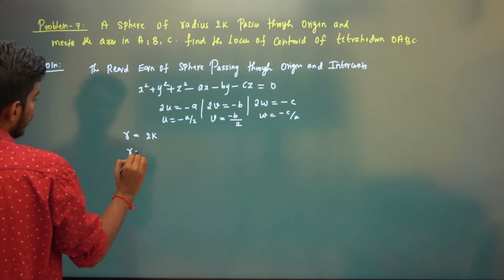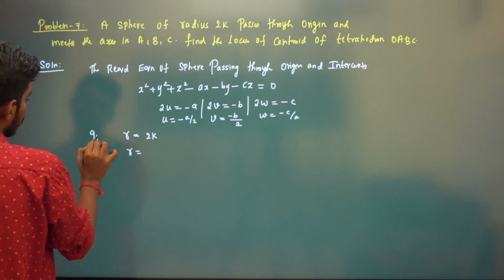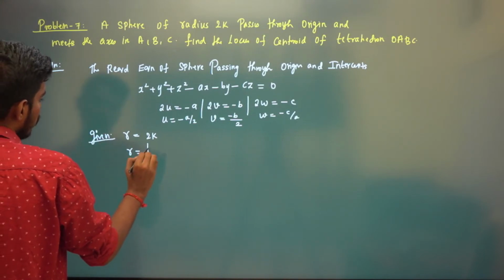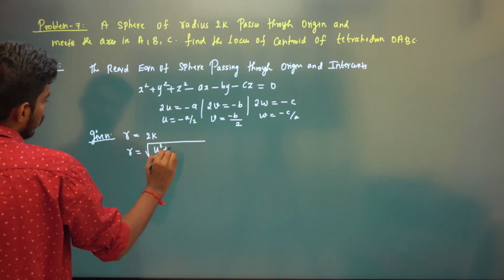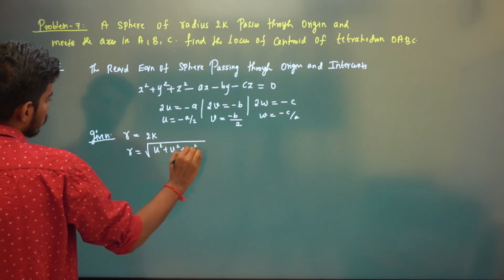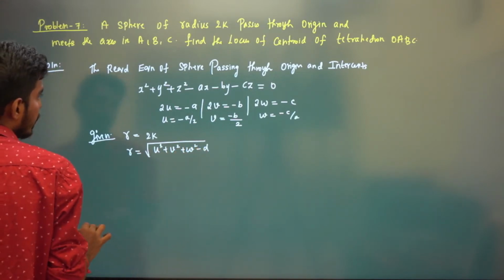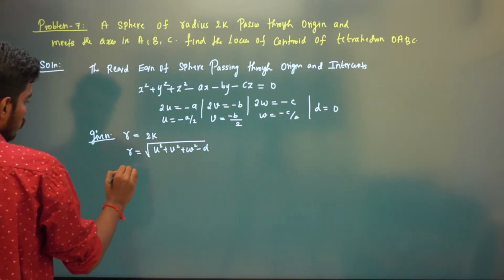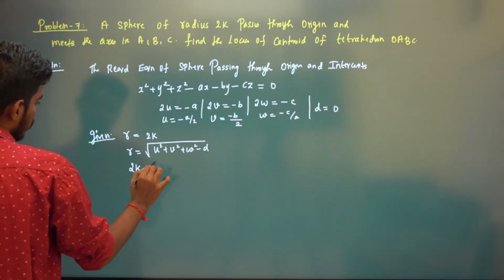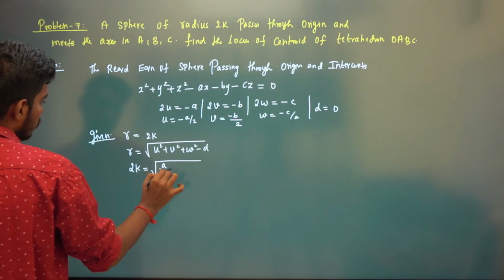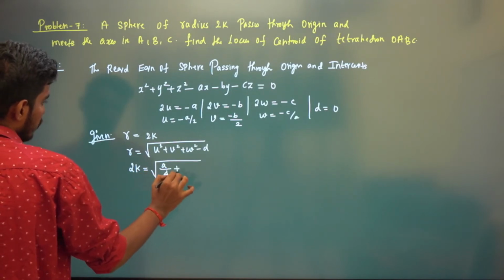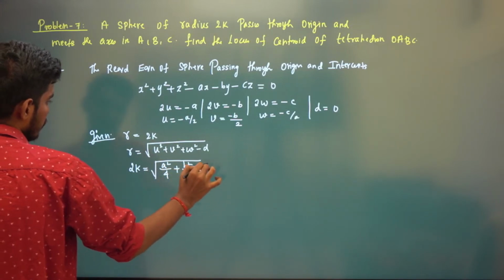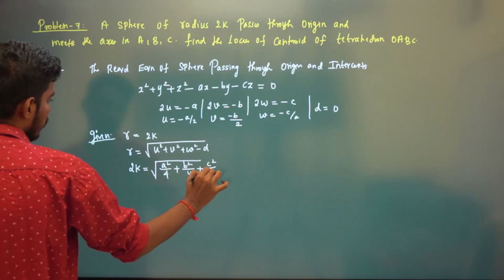So what is radius? In the previous problem radius is k. Radius is root of u square plus v square plus w square minus d. So here d is 0. So radius is 2k, so root of u square plus v square plus w square, that is a square plus b square plus c square by 4.